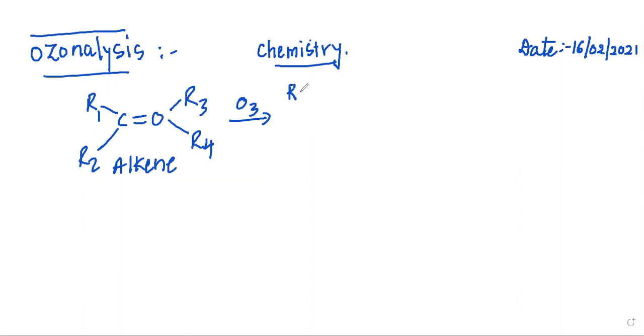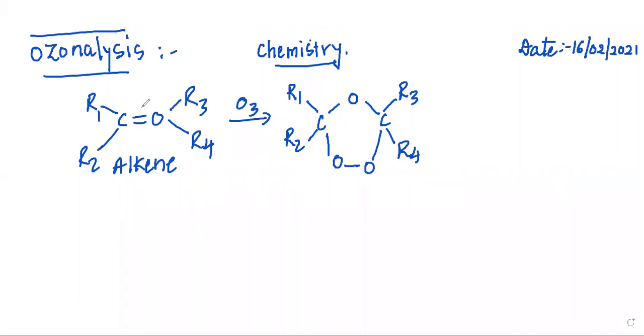So we will have, see, this R1 and R2, they are not affected at all. Same way, my dear students, these R3 and R4 are not affected at all. Then what happens? The three oxygen atoms combine with these two carbons, and this double bond is broken in such a way that these three oxygen atoms are added to the alkene.